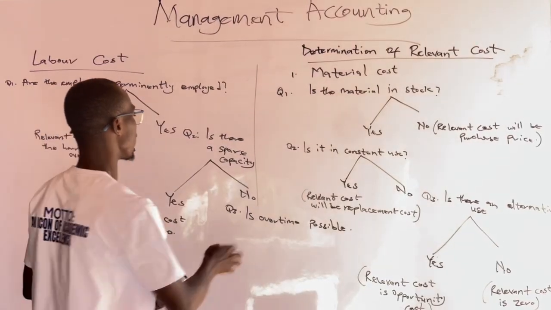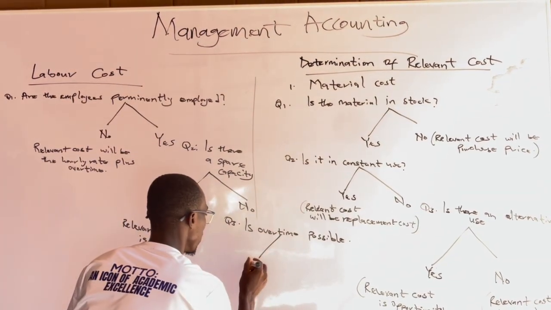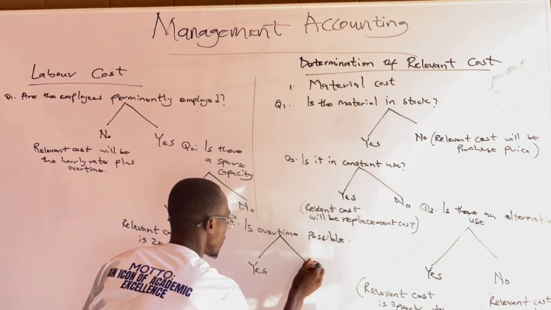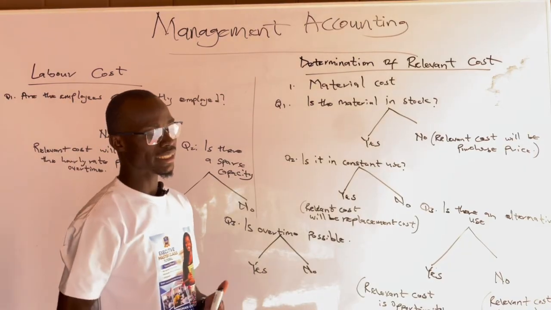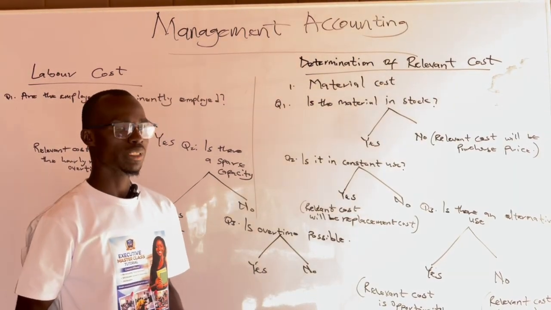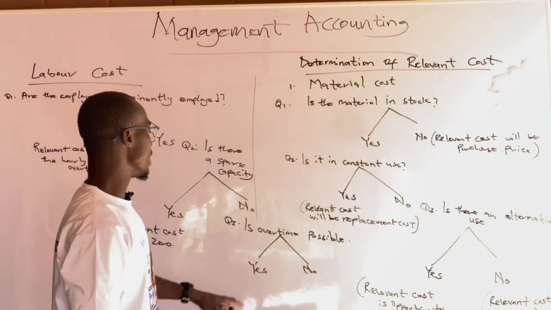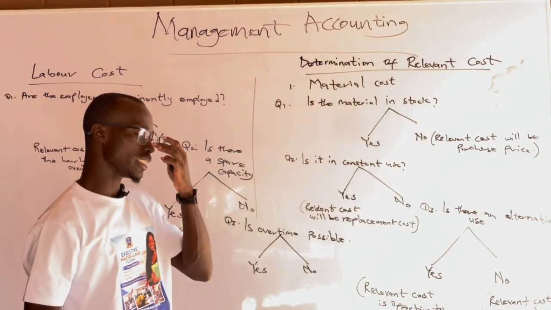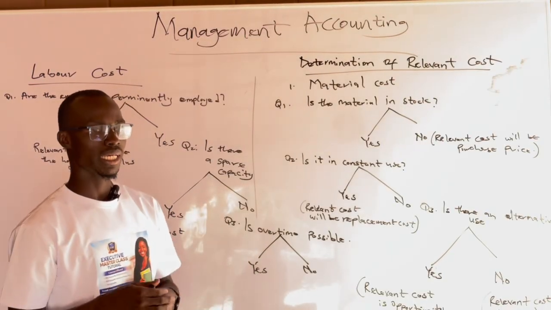The moment you ask yourself this question, a yes or no answer comes up again. So the moment you say yes, overtime is possible. Therefore, you need to think about paying them. The relevant cost will be the hourly rate that they are going to spend, then you also pay them the overtime premium.